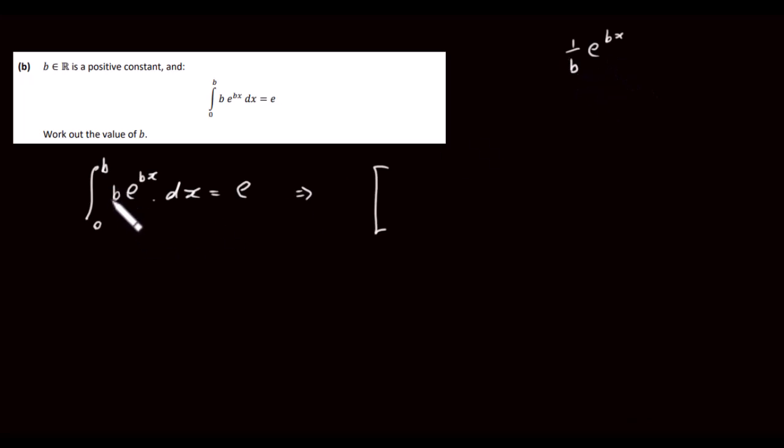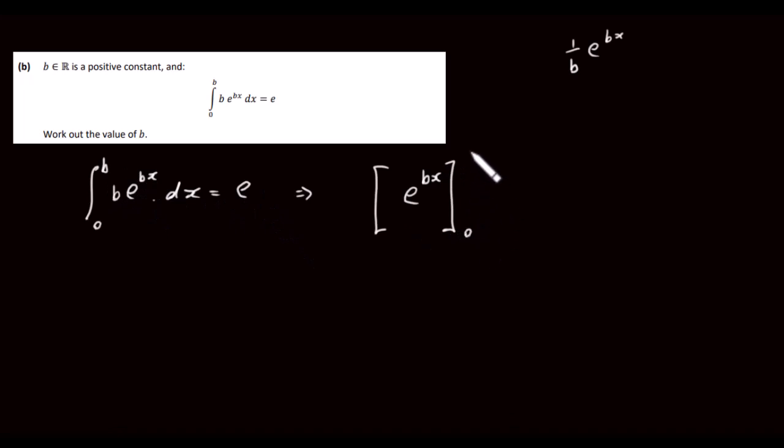But we already have a b here, so in other words, when we integrate b e to the power of bx, what we're really going to end up with is just e to the power of bx. This is because if you differentiate e to the power of bx, you will get e to the power of bx times b, and that's what we have here, so that's fine.